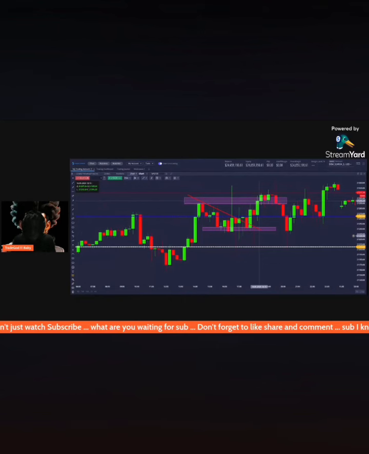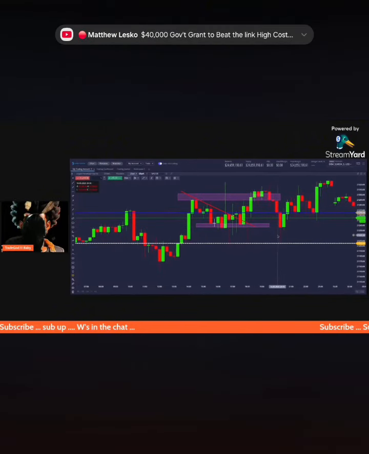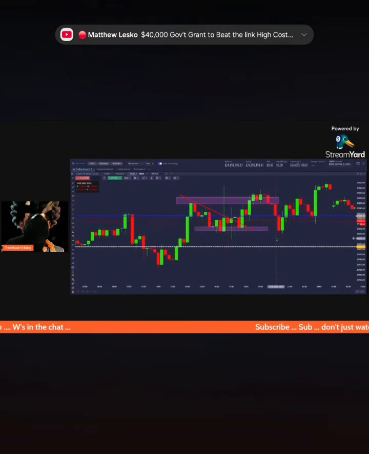Just type in ChatGPT or Gemini or whatever, Grok, whatever you want to use. Or Siri. Siri's an AI now. Type in, is it illegal to show your profits online when you're day trading or a live trader on the floor, whatever? Just research it and you'll see for yourself.